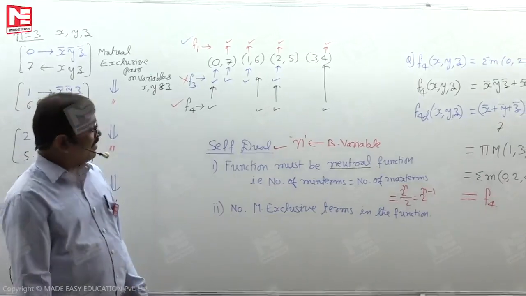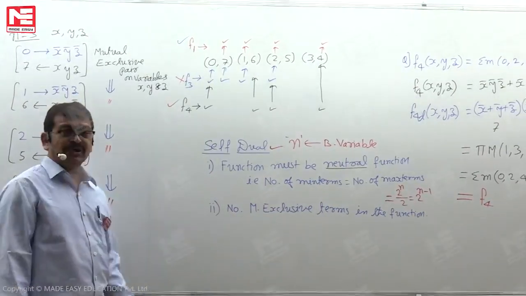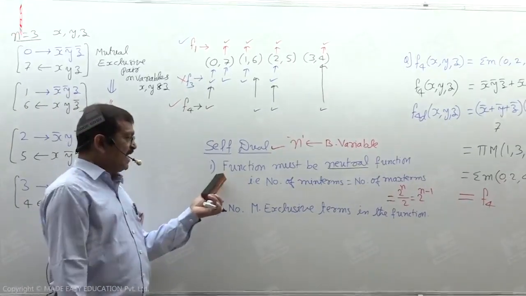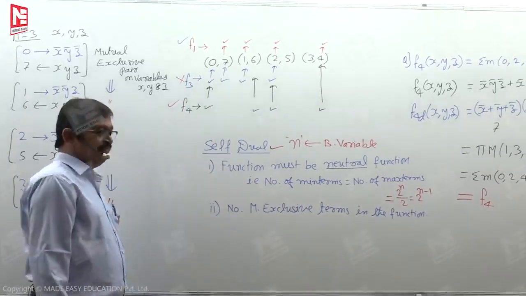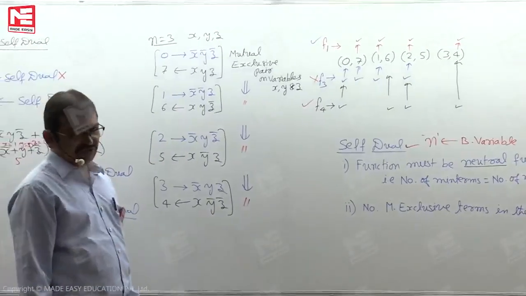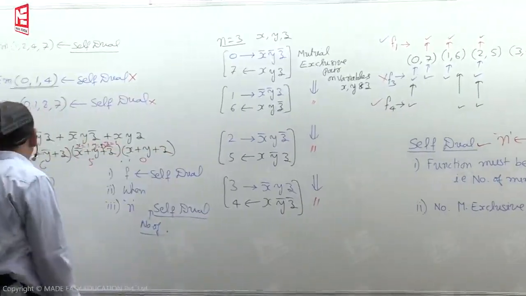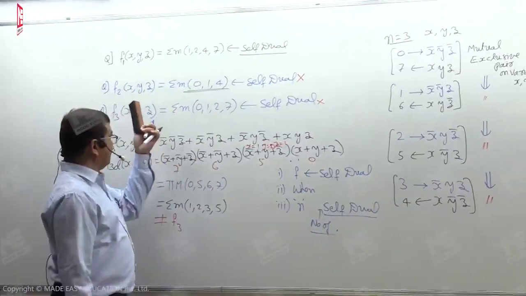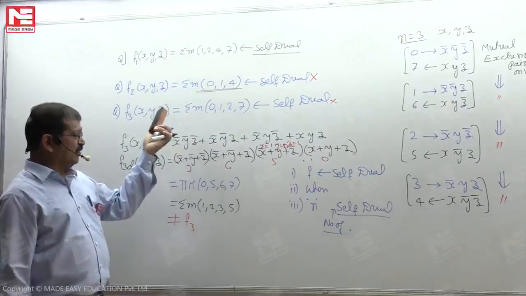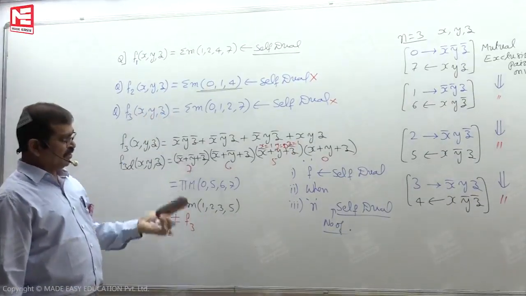To check whether mutual exclusive terms are present or not, assume that in the first scan the first condition is satisfied, that is, the given function is a neutral function. For example, here we have f3.